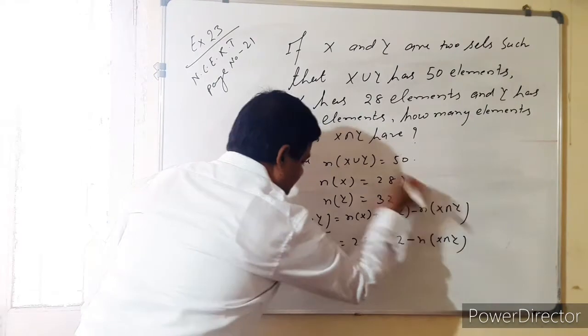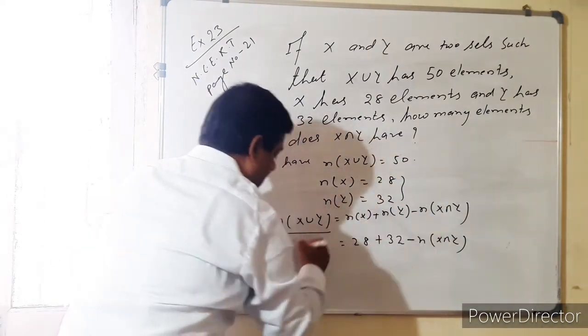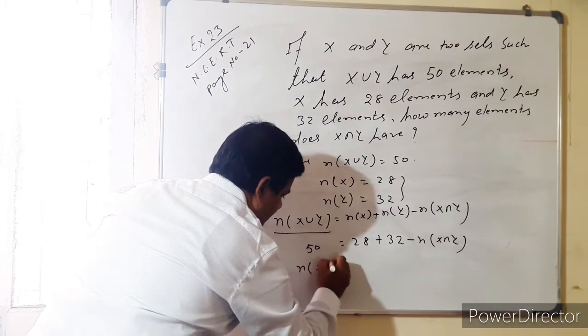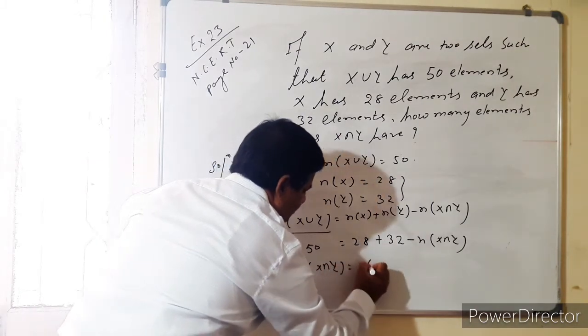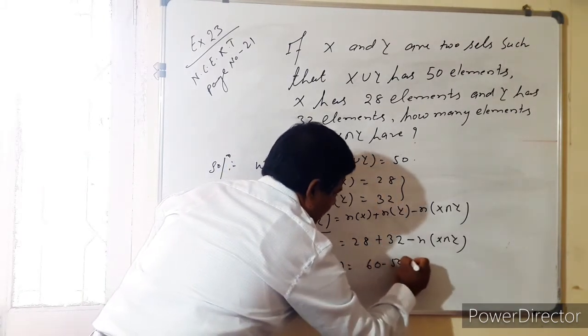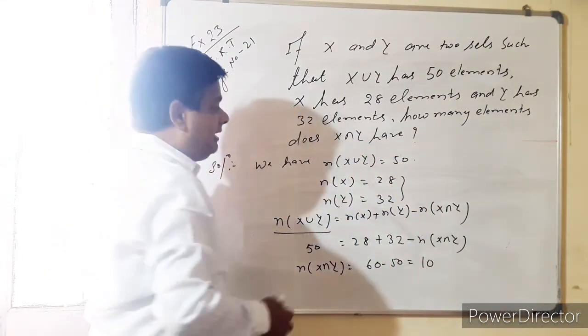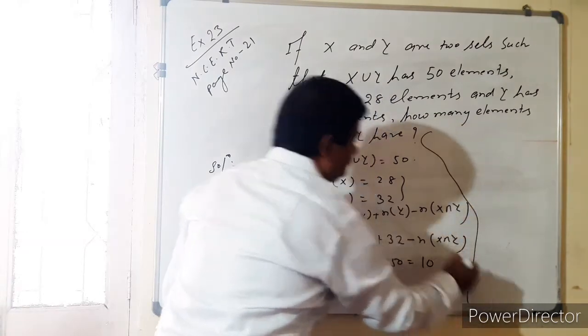Now transfer this one to the left side and 50 to the right side. So n(X intersection Y) is equal to 60 minus 50 is equal to 10. This question you can solve by another method also.